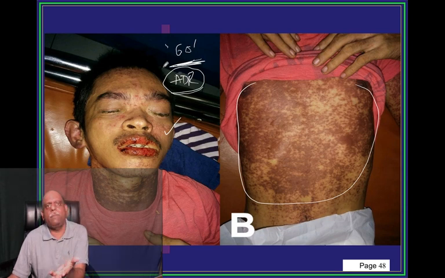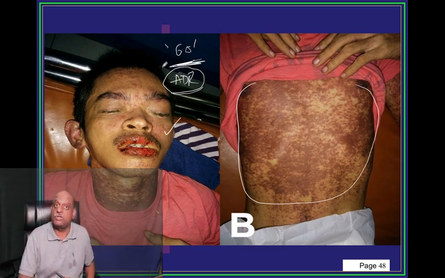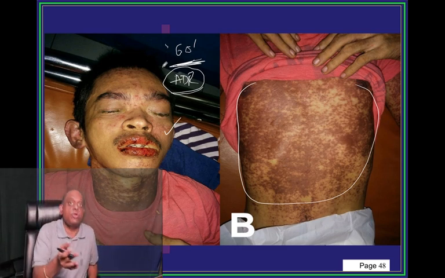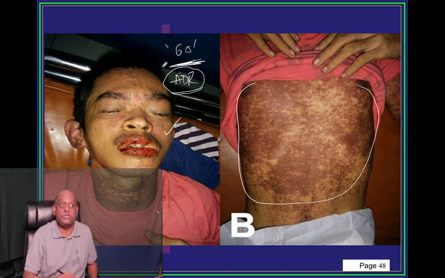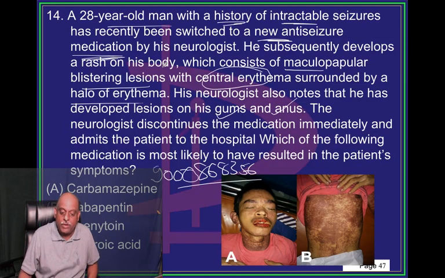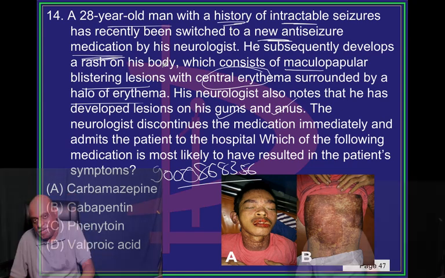Simple trimethoprim sulfamethoxazole given for UTI, urinary tract infection, may end up the patient in Stevens-Johnson. Even paracetamol sometimes will land the patient in Stevens-Johnson. You don't know which patient will go into that. You're lucky if none of your patients have gone into that.